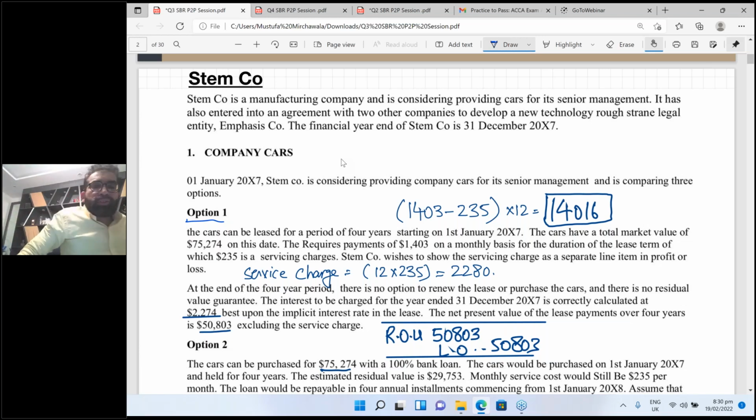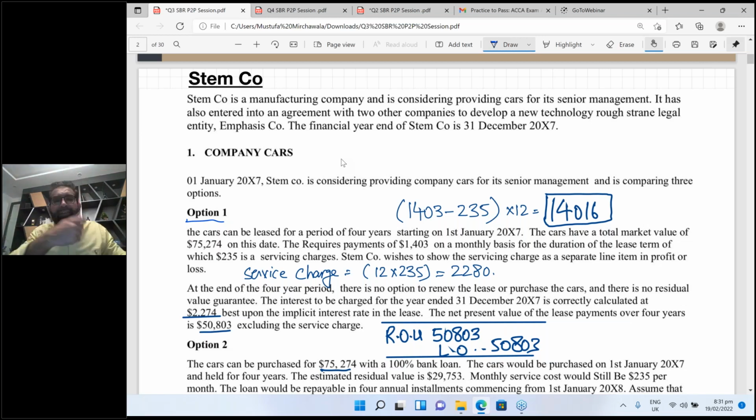My dear, if the transaction is a pure finance lease, then since you were kids, your teacher used to say this dialogue. Listen, a finance lease is like a loan.